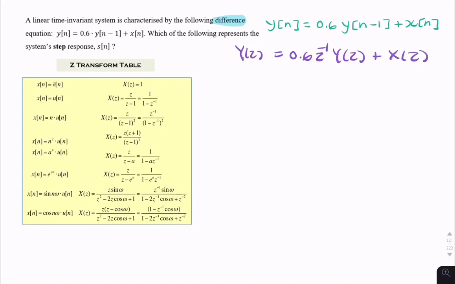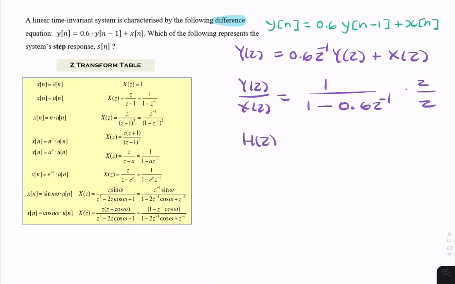Then we rearrange, so Y(z) over X(z) equals 1 over 1 minus 0.6 z to the minus 1. If you multiply by z over z, that gives you the transfer function as z over z minus 0.6. So that's step 1. Now we have the transfer function.